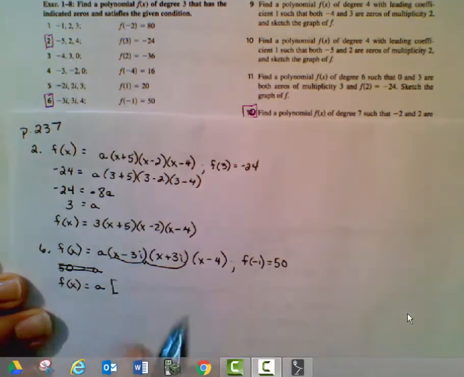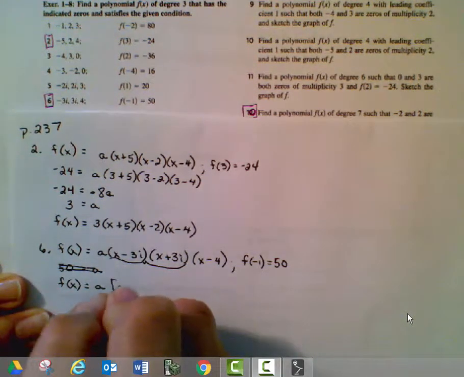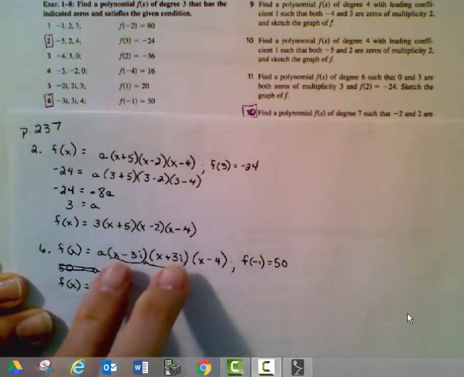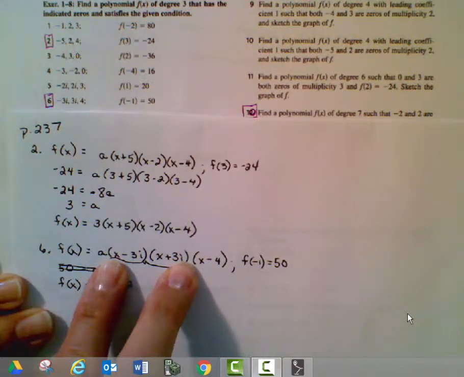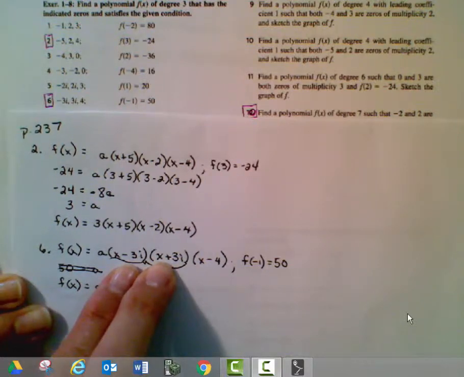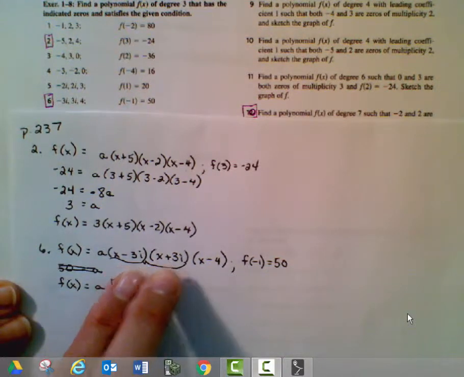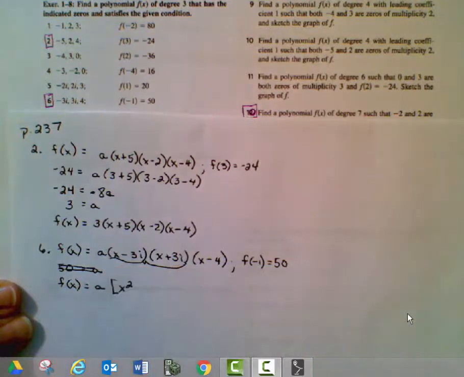Watch what happens. That x times x is x squared. I have a positive 3i times x and a negative 3i times x. That's 0. And then last I have a negative 9i squared.